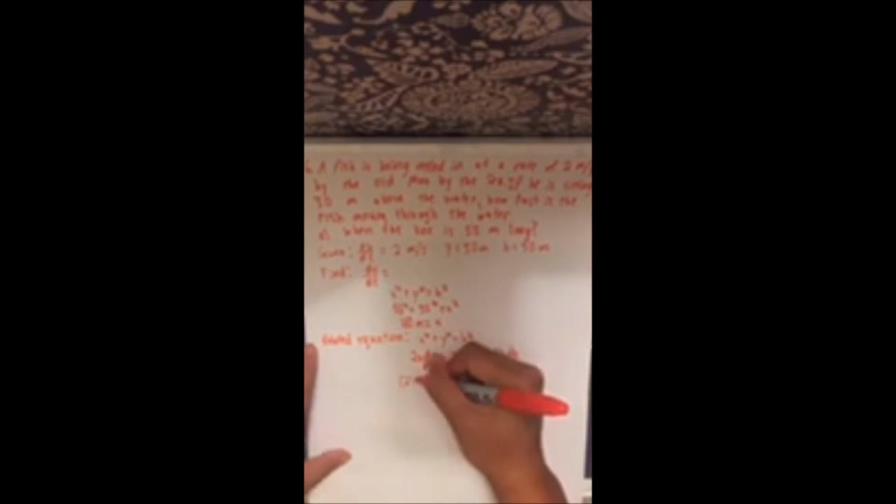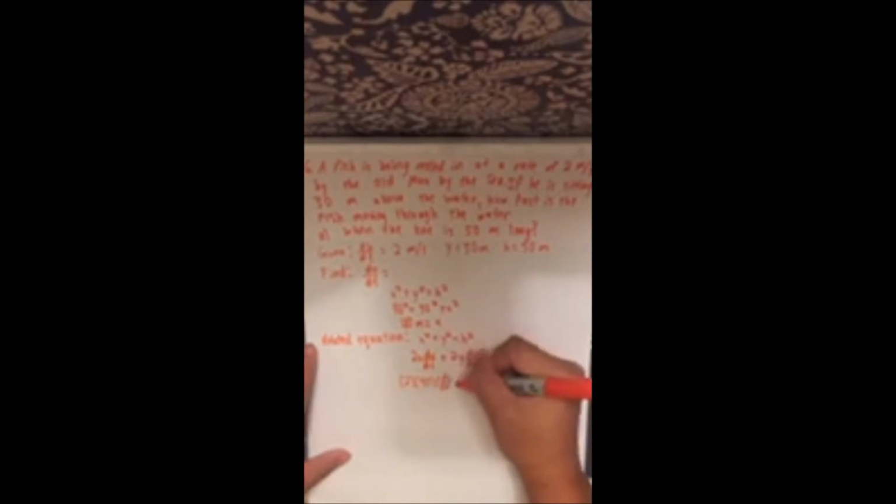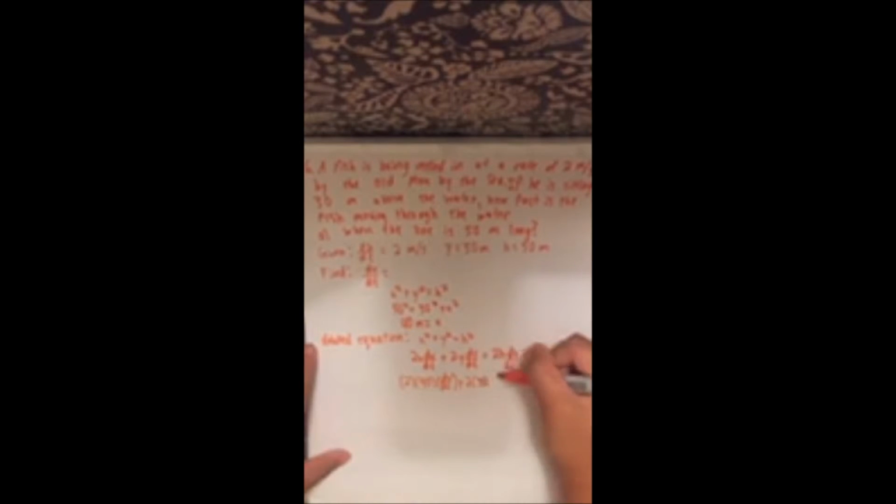So x is 40. We don't know dx over dt yet. Y is 30. And dy over dt would be 0. H is 50. And dh over dt is 2.